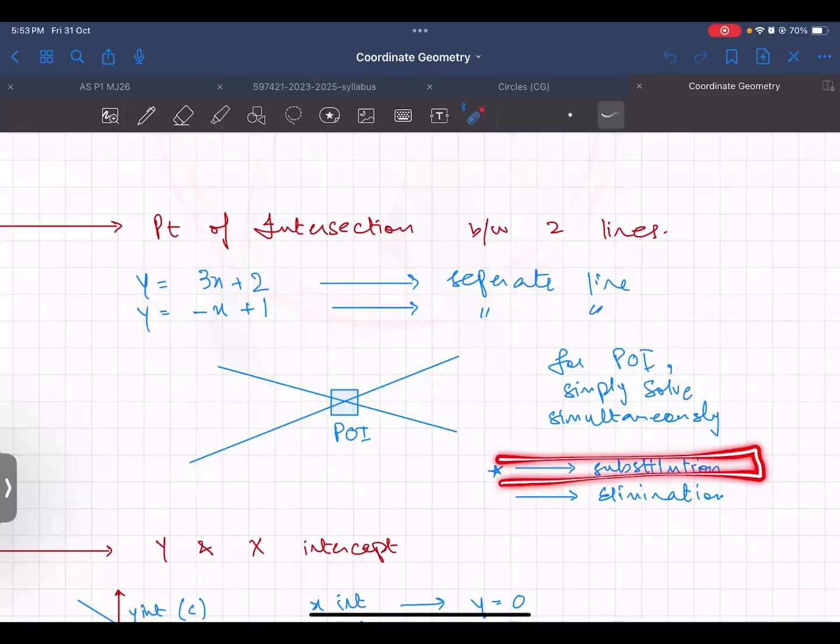Substitution method is the best one. You will see when the equation of circle is also introduced, when you are trying to solve them simultaneously with the equation of circle, substitution method is the one which you will use. Elimination cannot be used then. So keep this in mind as well. Simultaneously solving to find the point of intersection.